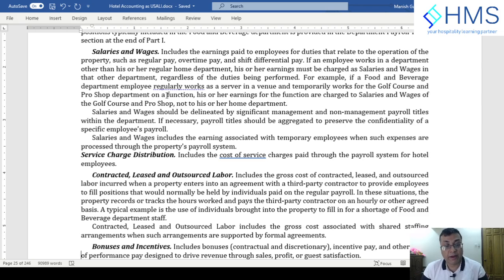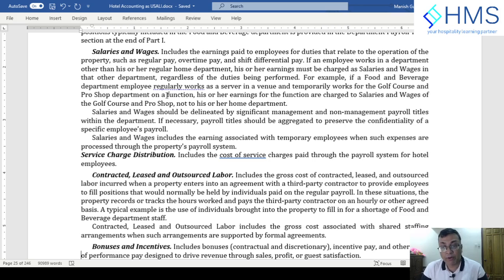Then the next line item you have is contracted, leased and outsourced labor. Very often the banquets or the cafe, when they are very busy, hire casual staff or contract staff which they hire for one day, 2 days or 3 days. The cost of those contracted, leased or outsourced labor is going to be charged to this cost. But you have to remember that it's not processed through the regular payroll.